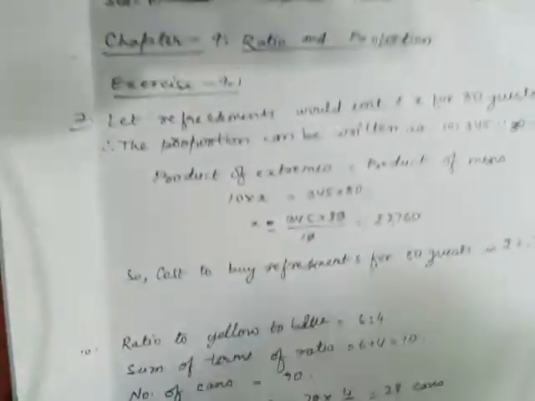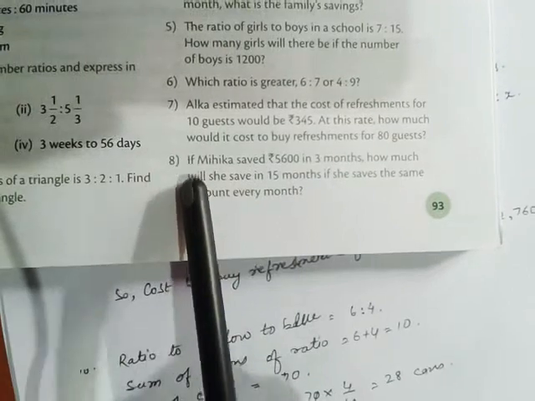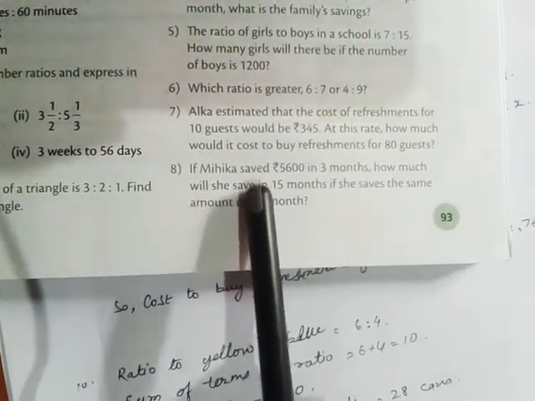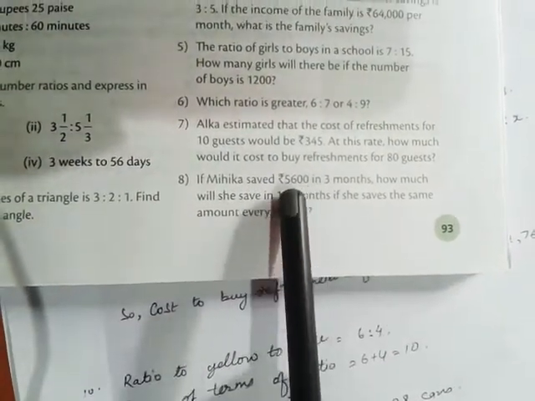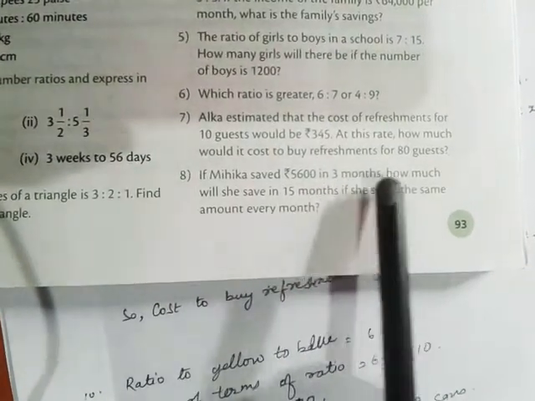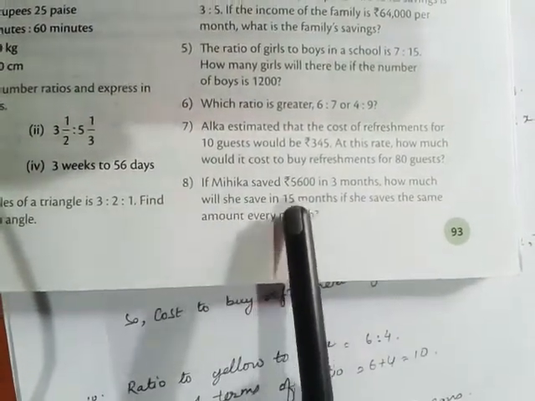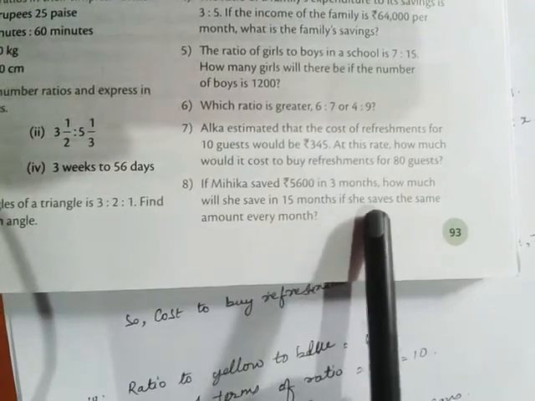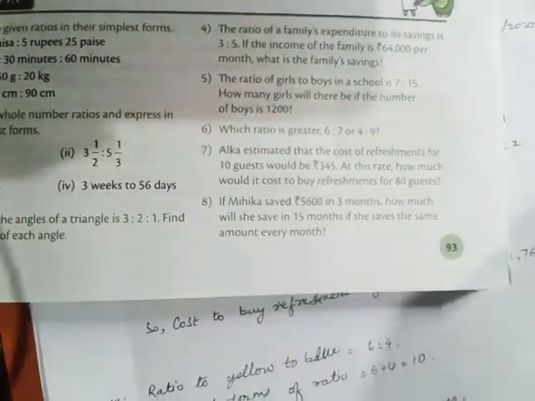So like that only you have to solve question number 8 also. Read question number 8. If Mihika saved rupees 5600 in 3 months, how much will she save in 15 months if she saves the same amount every month?